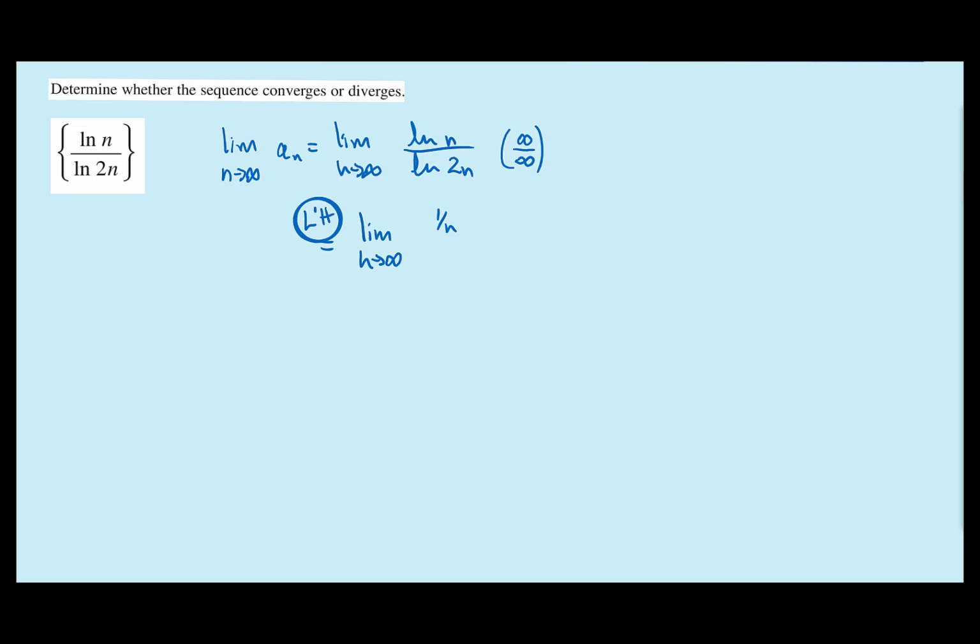Remember, the derivative of the bottom is 1 over 2n multiplied by the derivative of 2n, which is 2. So the bottom is 2 over 2n. Now just simplify this expression. Everything here is going to cancel out. The 2's cancel out, the n's cancel out, and our answer is 1. So the limit exists and the sequence converges.